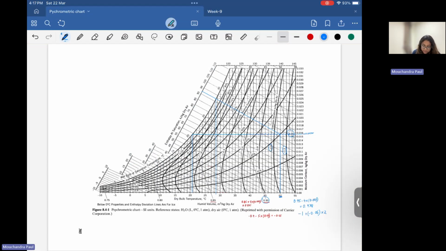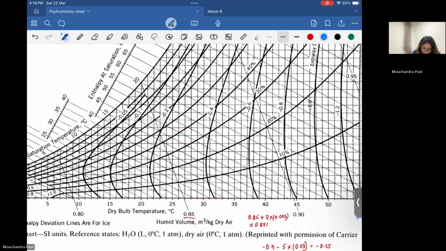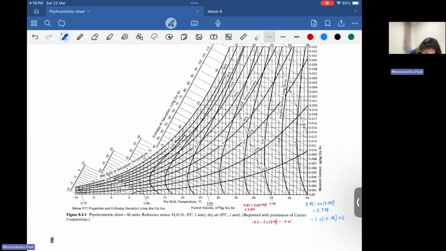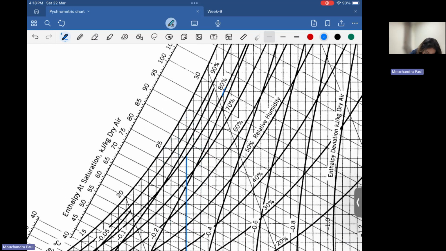27 degrees Celsius and 80%. This is 27. 80% means this curve. So we have to draw a line towards this curve.